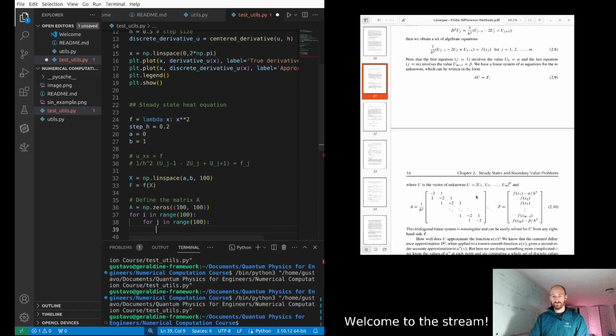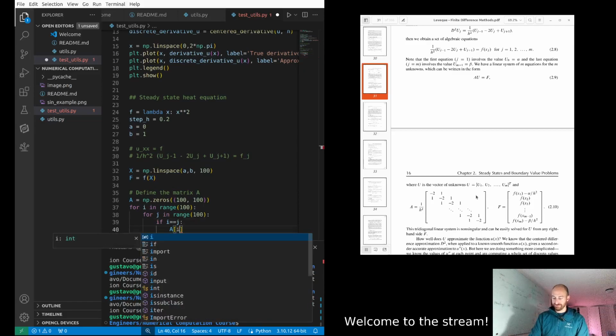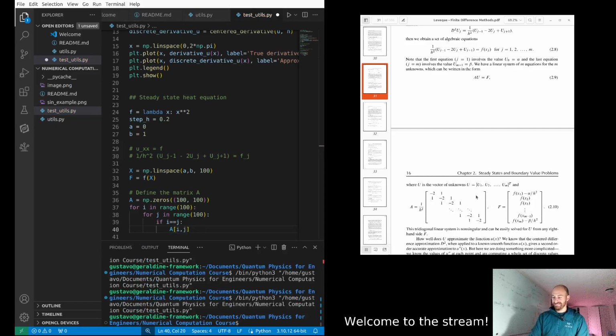Basically, we're going to go through each element of the matrix and fill it in. First, we know that on the diagonal there are -2's, so if i is equal to j, we say A sub i comma j is equal to -2.